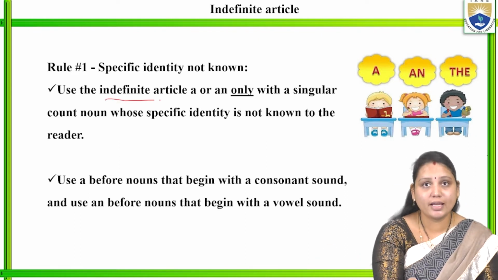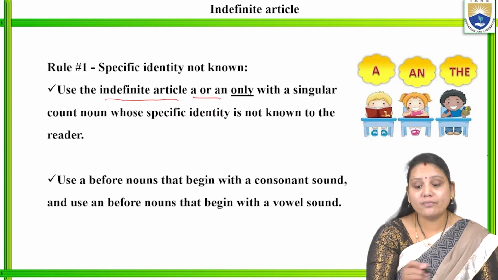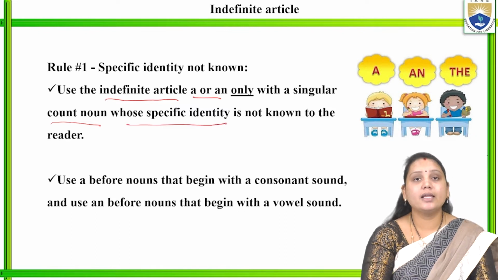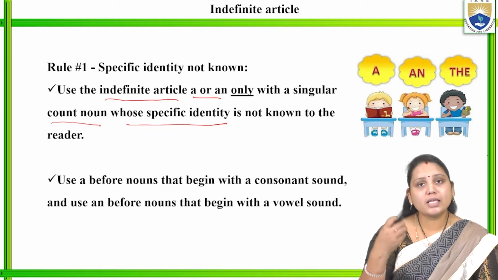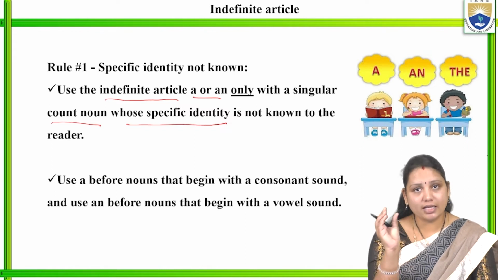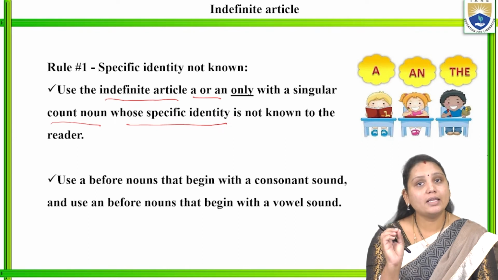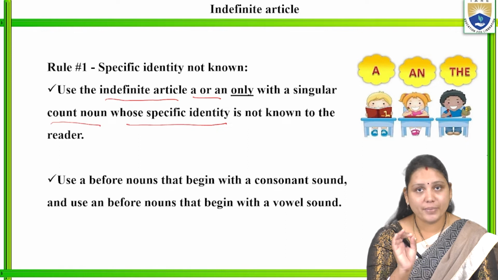Use the indefinite article a or an only with a singular count noun whose specific identity is not known. A book, a man, a child. You are going to use it in front of a singular noun when there is no identifying information given, with no specific identity mentioned.